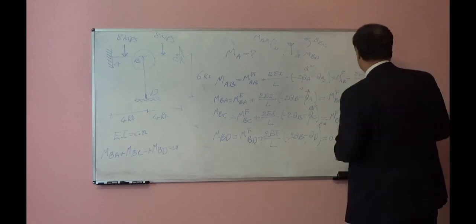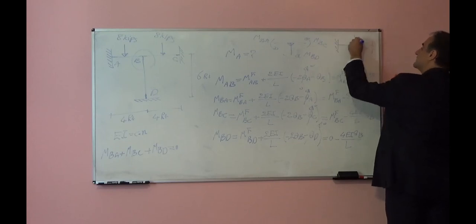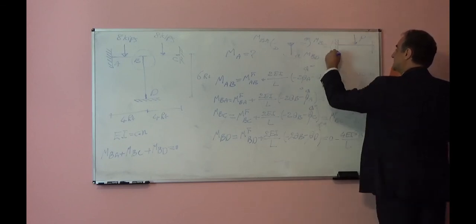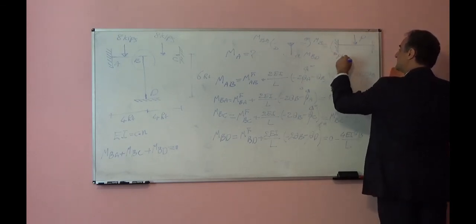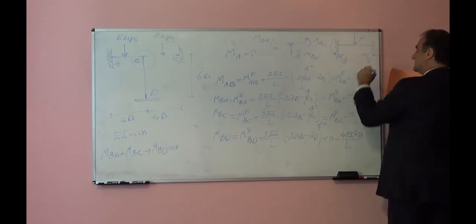Before doing that, I should find M fixed. If we have two fixed ends and a concentrated load at midspan, the magnitude of each one will be PL over 8, PL over 8.